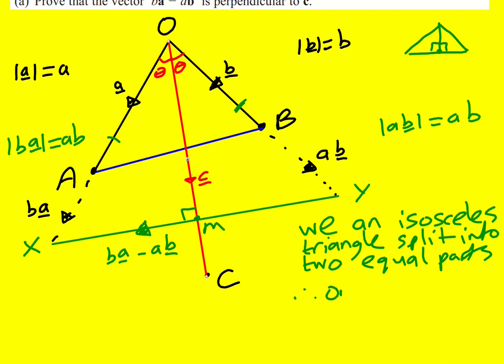Therefore, the angle OMX is equal to 90 degrees. Therefore, YX is perpendicular to OM.